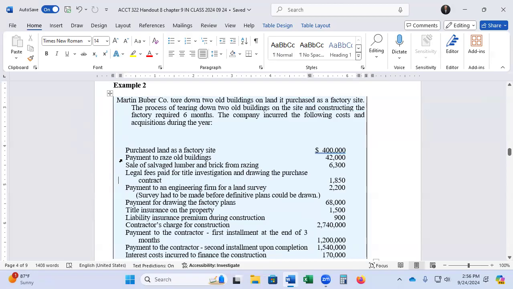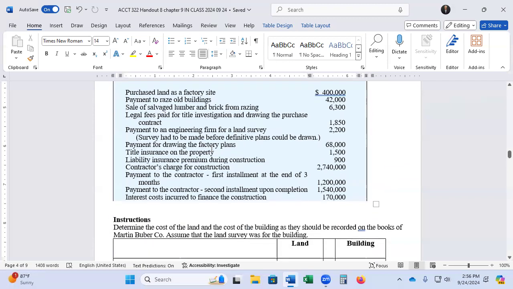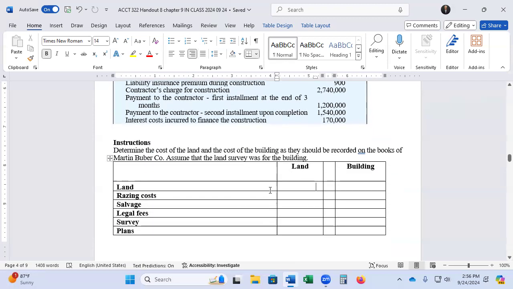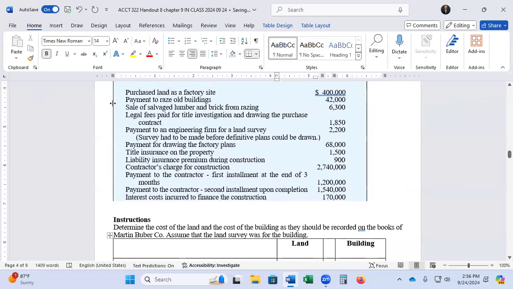Okay, so what we want to try to do here is separate out which costs are related to the land and just preparing it, and which costs are going to be related to the building. So we purchased land as a factory site, and that's going to be categorized as land for 400,000.